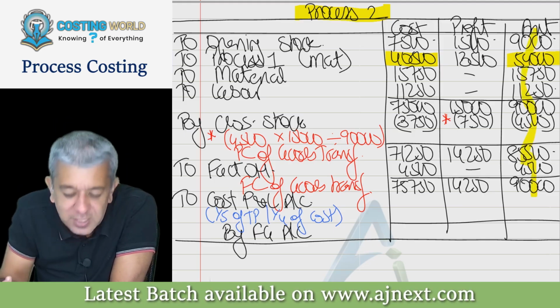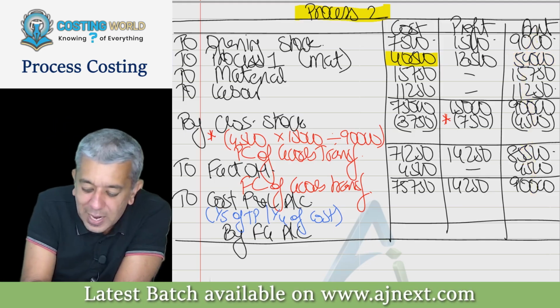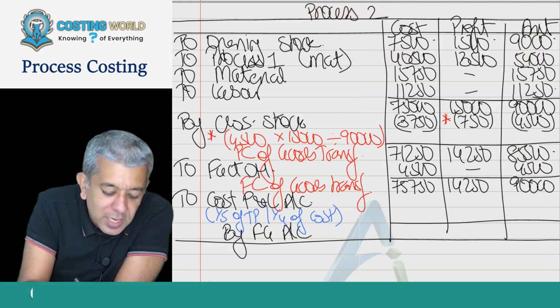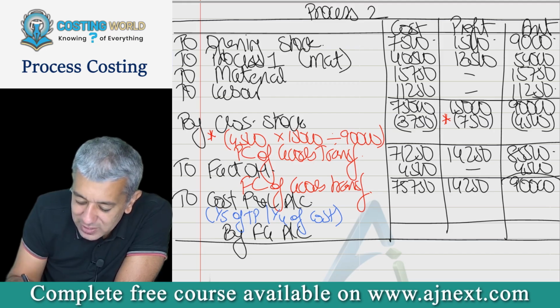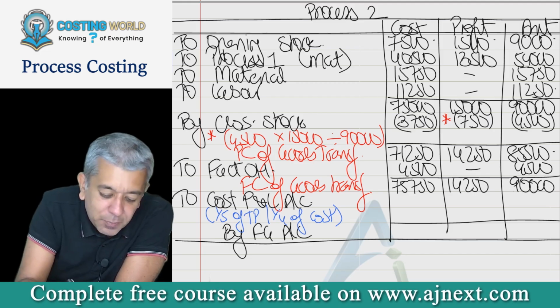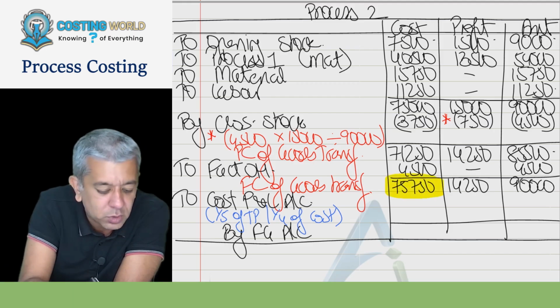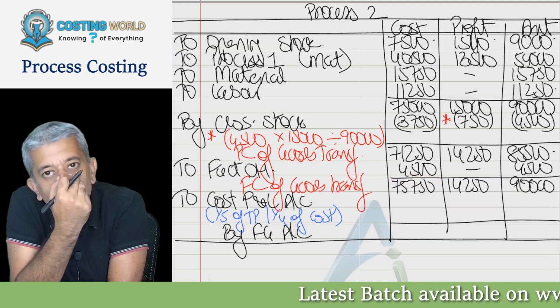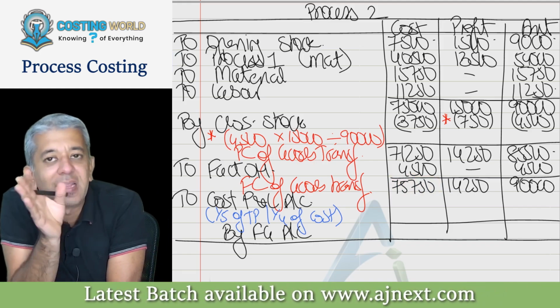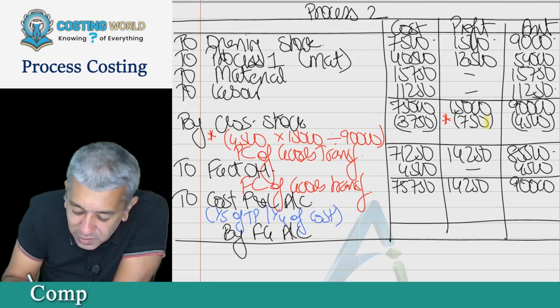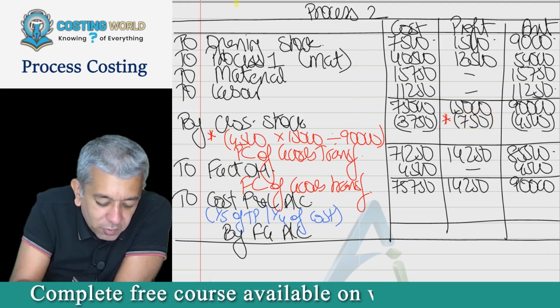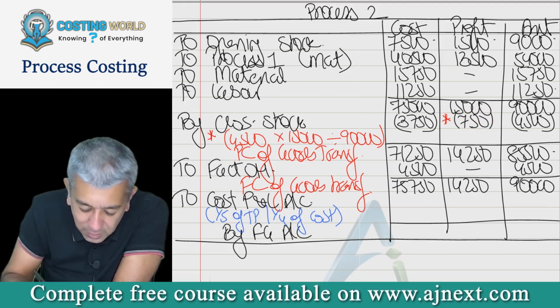This represents its cost. Everybody will transfer the goods to the next department at their cost. Their cost is nothing but 90,000. P2 is not concerned with this. I have only prepared this, so I need not make working notes for it. But obviously the cost of P2 is nothing but 90,000.